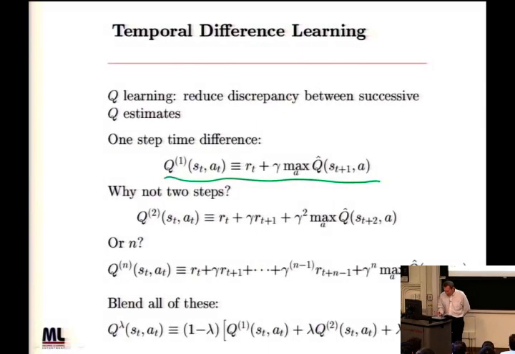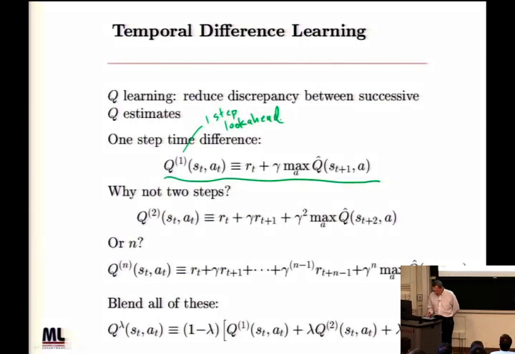We said we're going to replace our Q estimate with a one-step look ahead estimate. And what I mean is, we go ahead and take action A in state T, we get a reward, and then on the one step ahead state, we look at the Q value and we update just one step into the past.